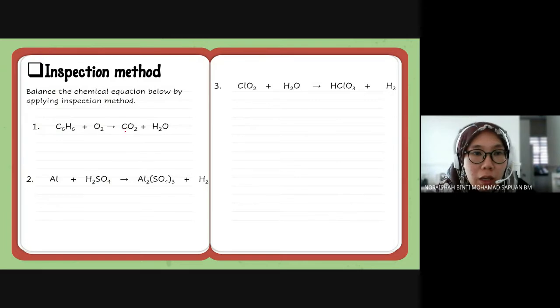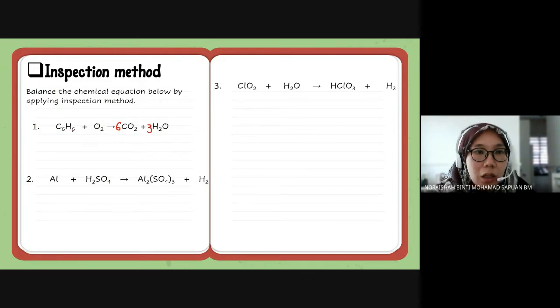So in this situation, we need to add 6 carbon at the right side, okay, to make it balance. So kat sini dah nampak dah carbon cukup. So kita tengok hydrogen. So hydrogen dekat sebelah kiri ada 6, sebelah kanan ada 2. So to make it balance, at the right side ni kita kena times 3 to make it 6 also.